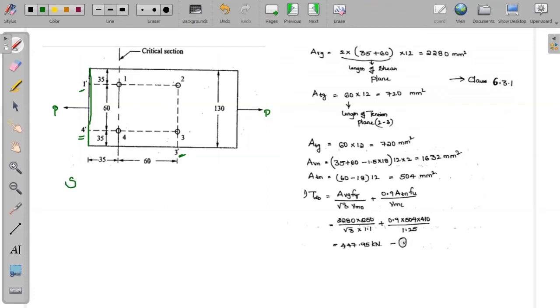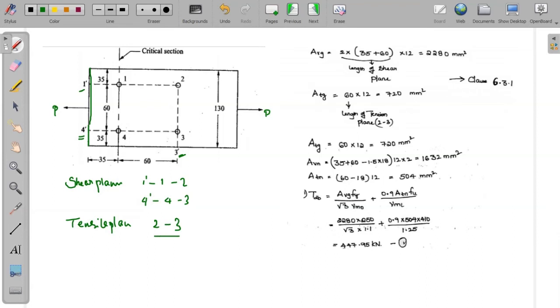So the shear planes are 1 dash 1 2, which will be one shear plane, and 4 dash 4 3, which is the other shear plane, and the tensile plane will be 2 3.